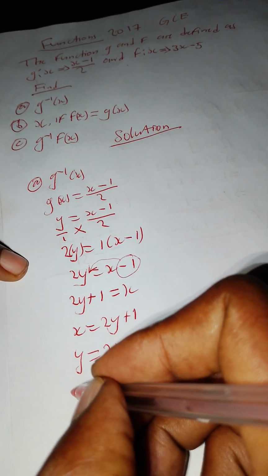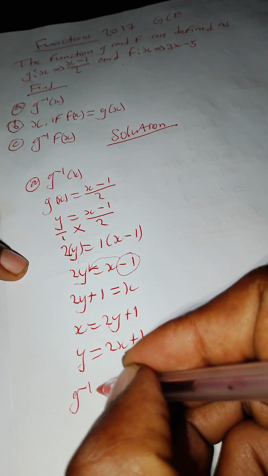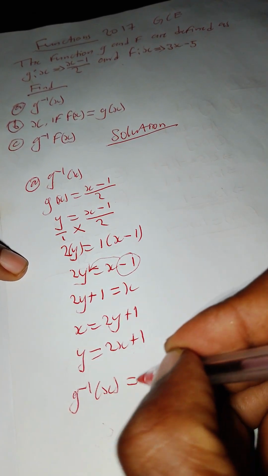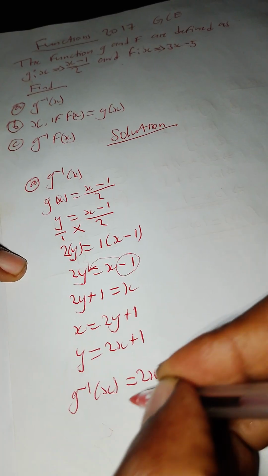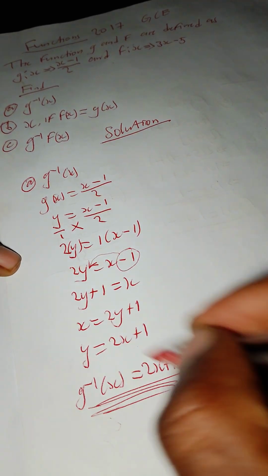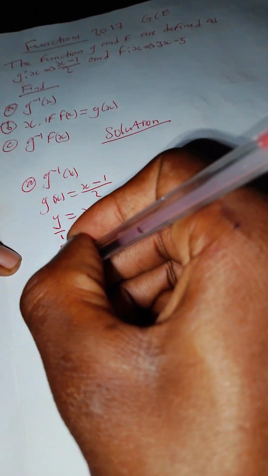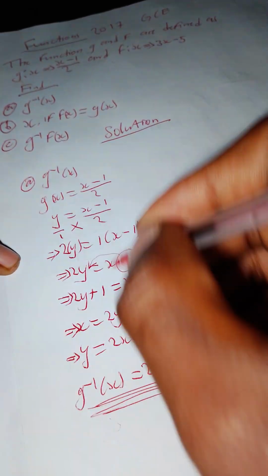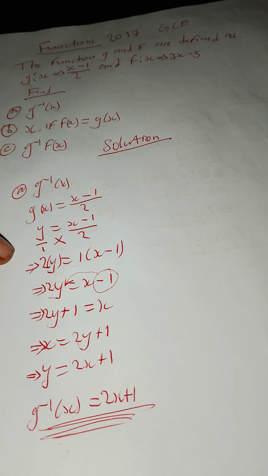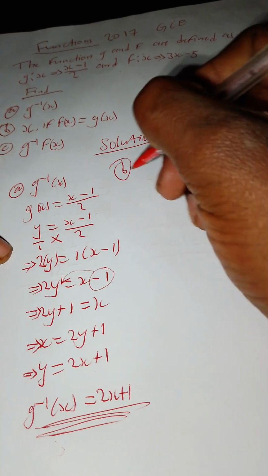So write this as g inverse of x is equal to 2x plus 1. You are done. That's the end of question A. Okay, you go to B.